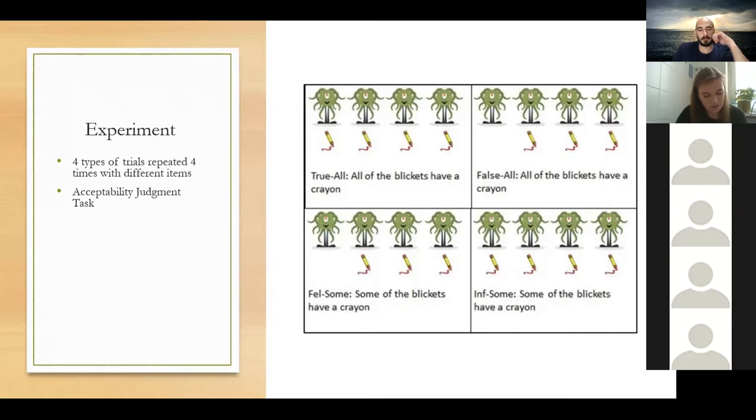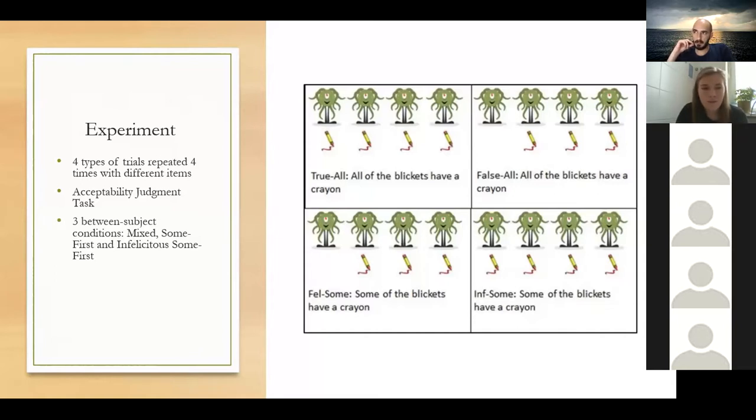Apart from the trials, there were also between-subject conditions. There was a mixed condition, in which some and all statements were intermixed in a random order, so that a lexical contrast between stronger and weaker scalar terms could be established.